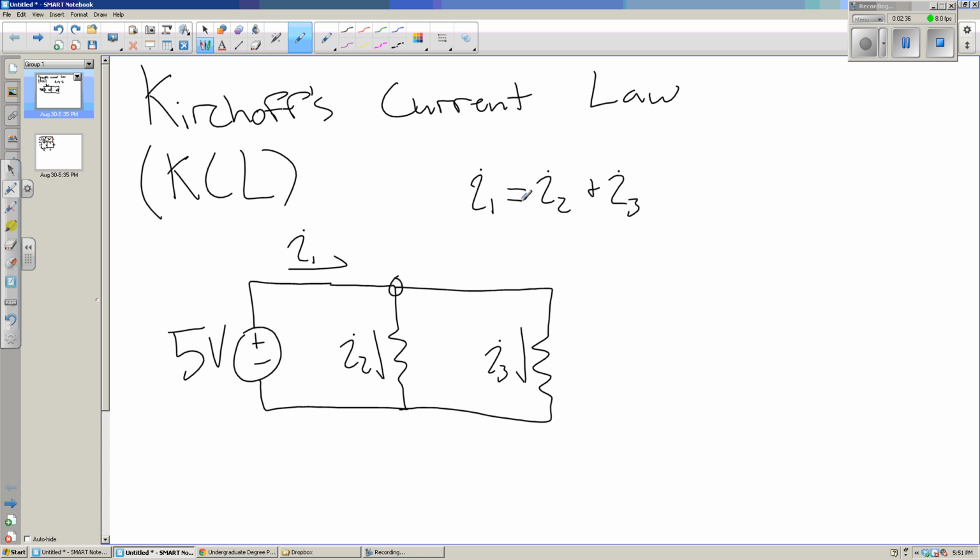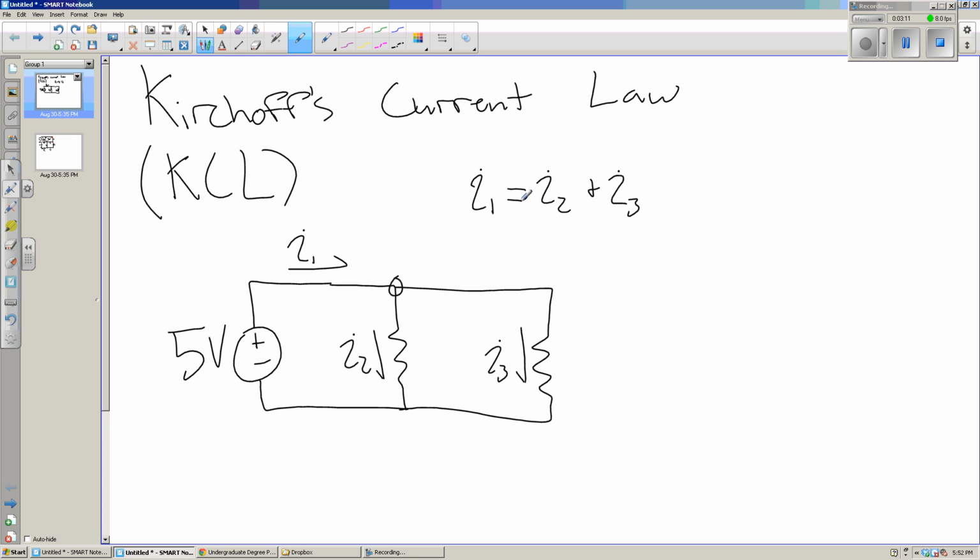It doesn't matter which side you put it on, as long as all the currents flowing out are on one side, and all the currents flowing in are on the other. Just like what we just did, where they were all on one side and equaled 0. If you wanted to do it where all the currents were flowing away from that point, that's just fine. Just be consistent.